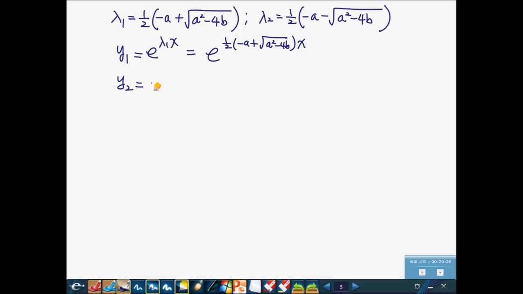And our y2 is e to the lambda 2 x, which is e to the one half of minus a minus square root of a square minus 4b, times x.